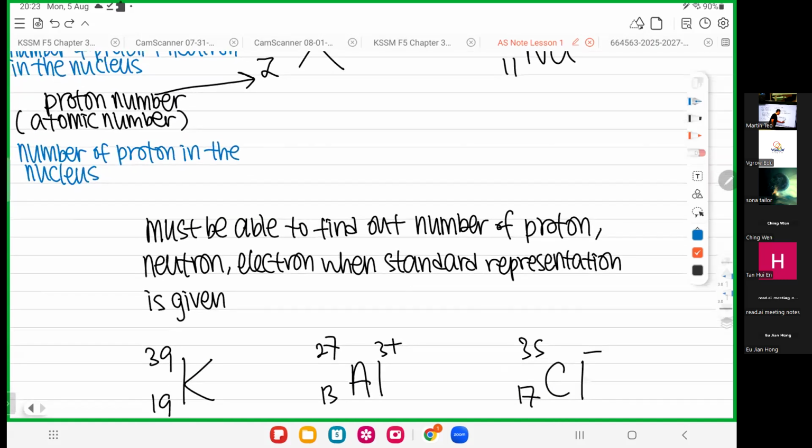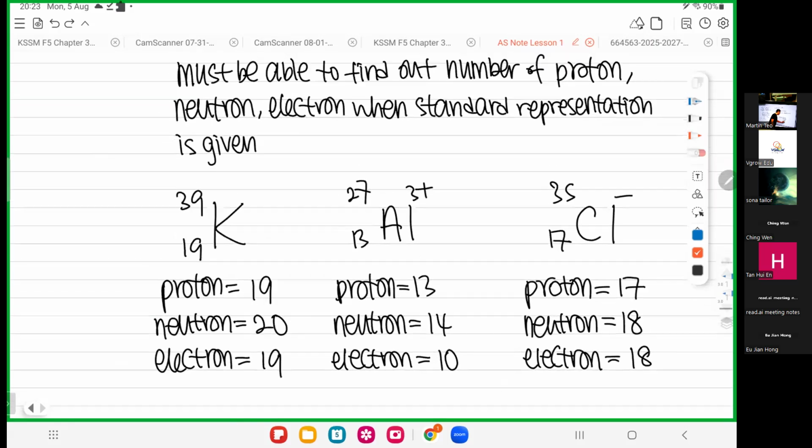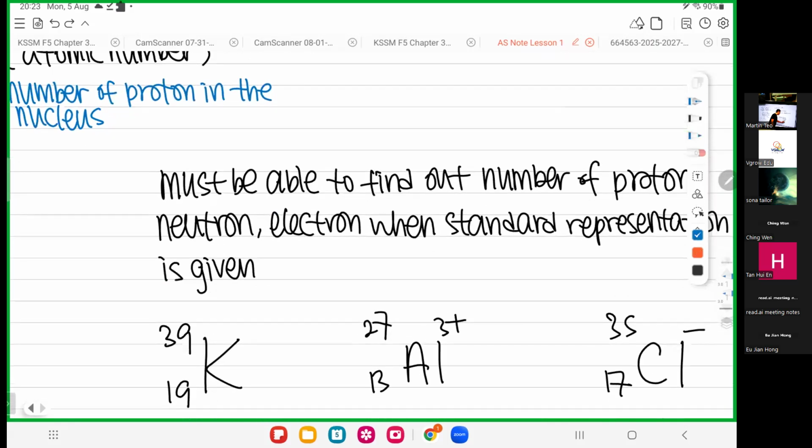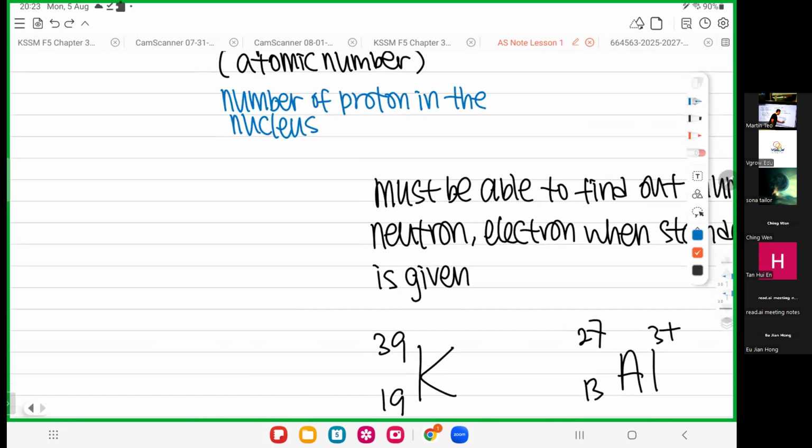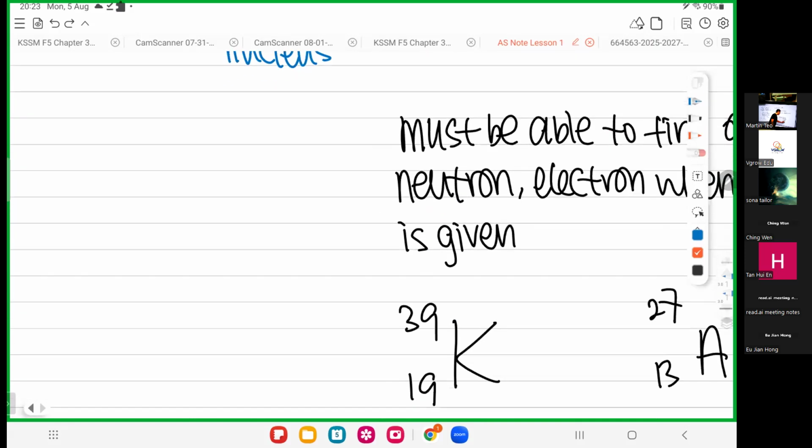Okay, all right. So let's look at here. This is just a very quick revision. If you're given this fella, how do you find the number of protons, neutrons, and electrons? Proton always takes the small number. Neutron always takes big minus small number. I believe you all know this. Electron, you have to check. Electron, you have to be super careful.